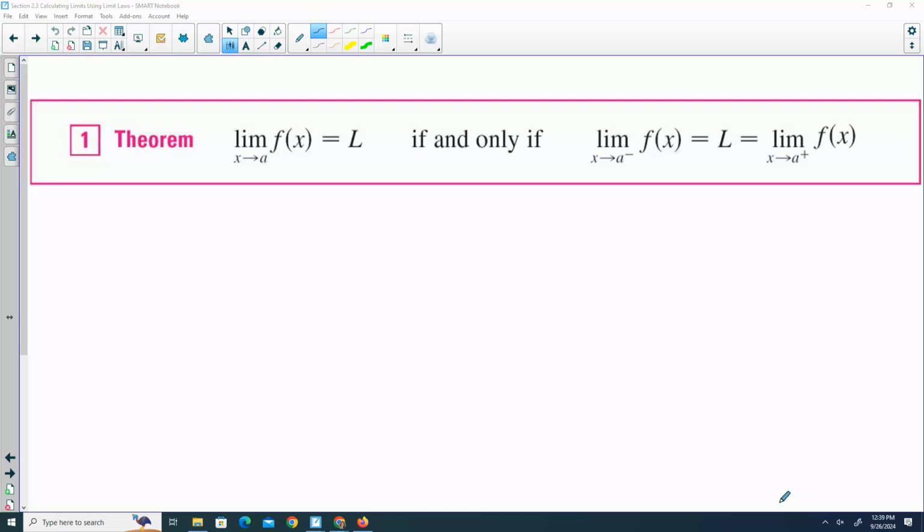So, back to calc. We were working on our limits, and we have had the limit laws that essentially tell us we can just plug in x whenever it's a polynomial, and when the rational does not make a zero denominator. Okay, good.